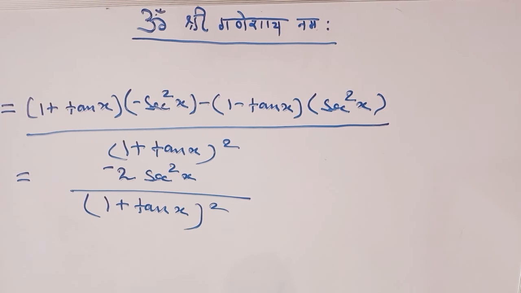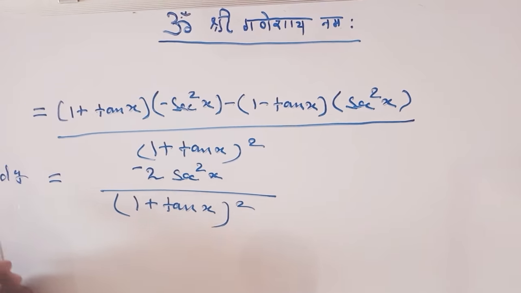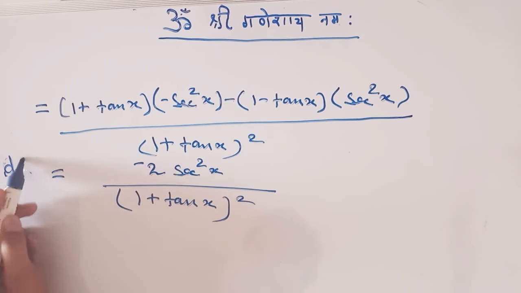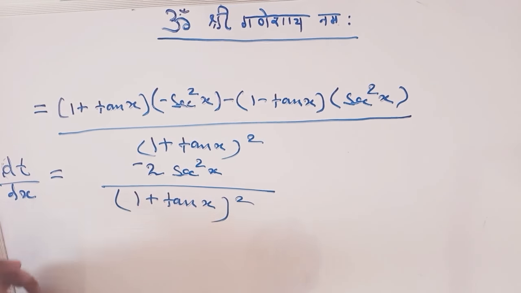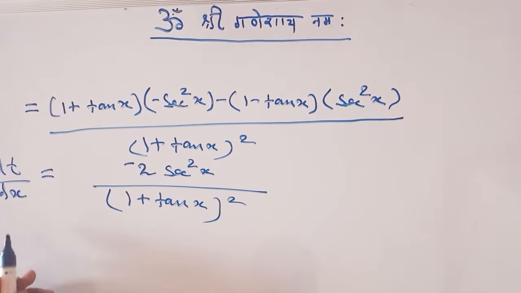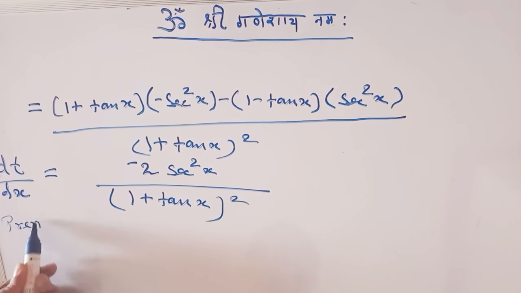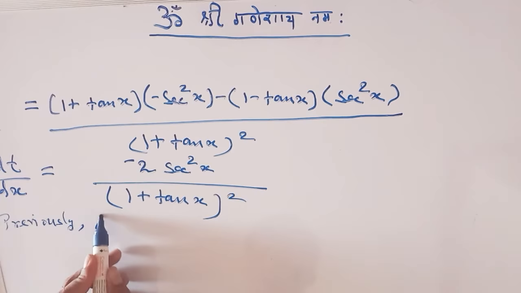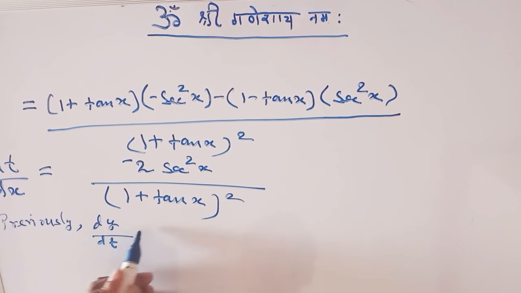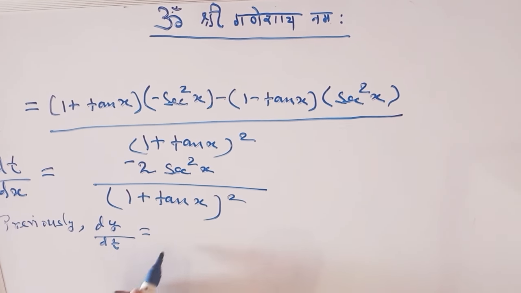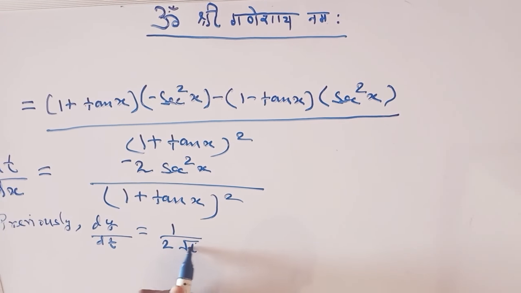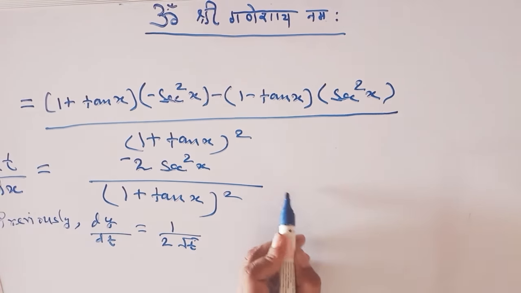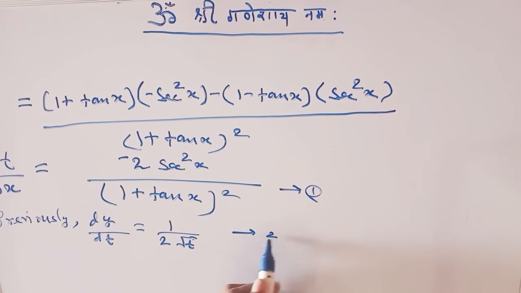Okay, now this is our dt upon dx, and previously dy upon dt equal to 1 upon 2 root t. So compare both of these, multiply both these equations. This is equation 1, this is equation 2.